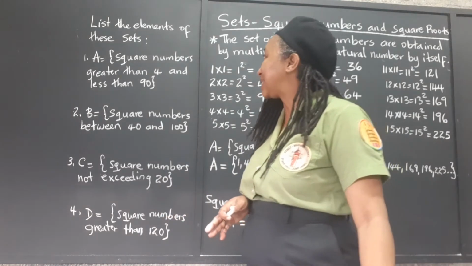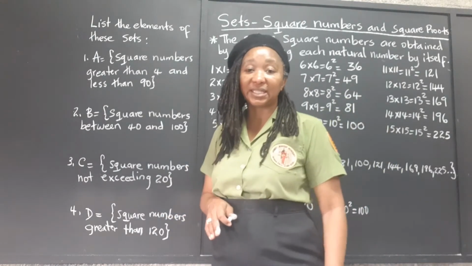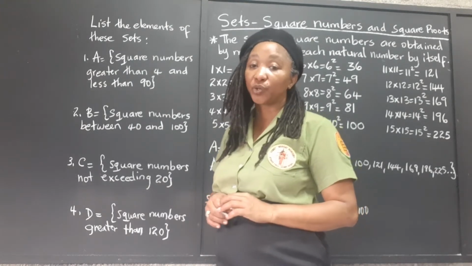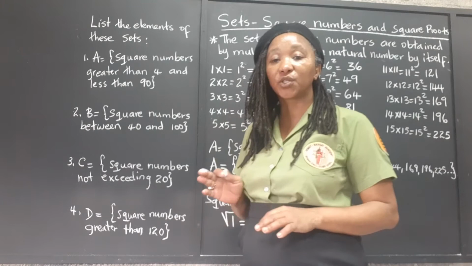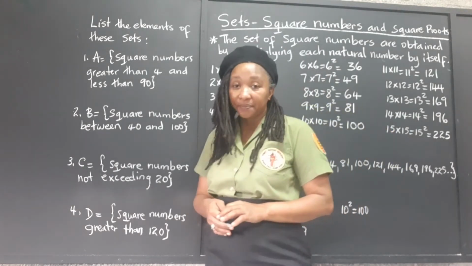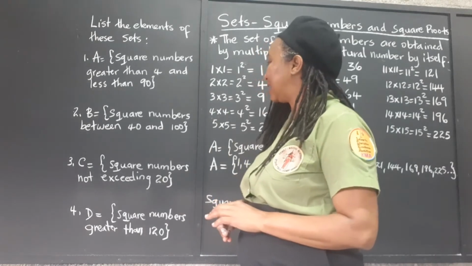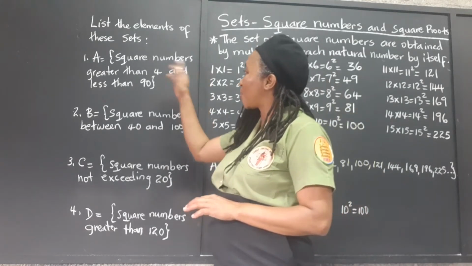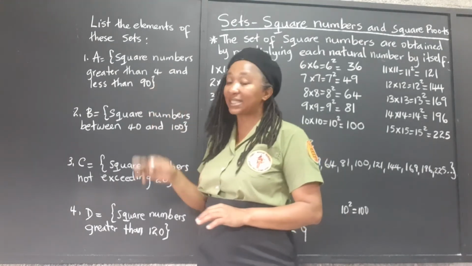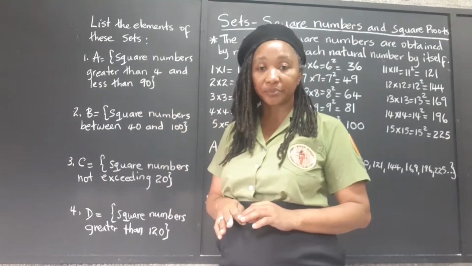Now let us list the elements of these sets, just to prove that we understand what we're doing when it comes to the square numbers. Set A is defined as the set of square numbers that are greater than 4 and less than 90.